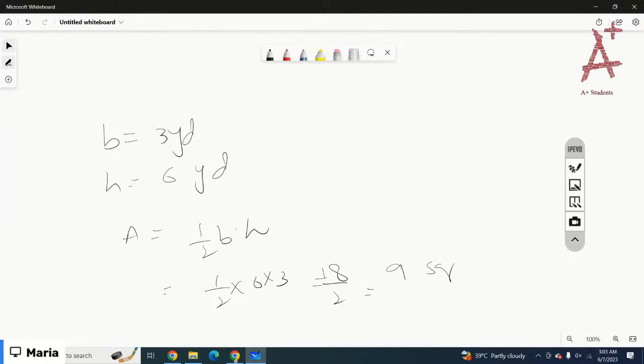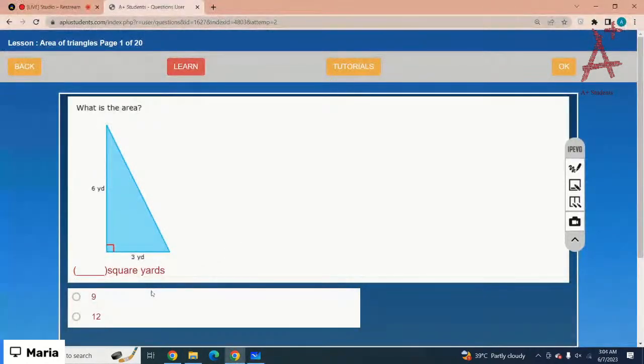That means the area of the triangle would be 9 square yards. Here is the correct option.